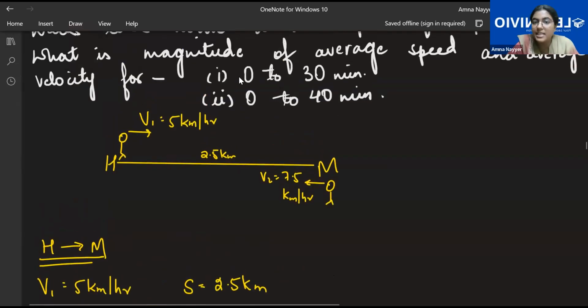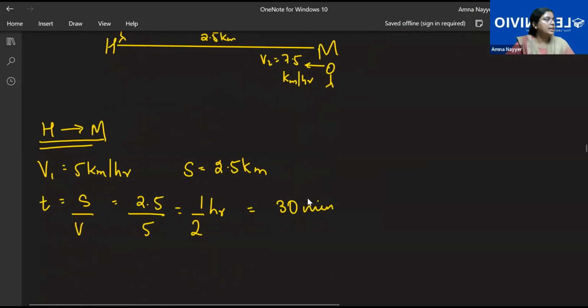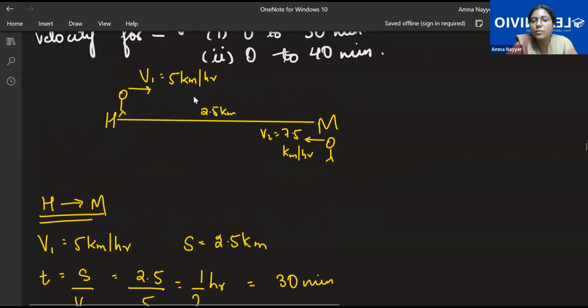So basically, what was the first part? Look, the first part said 0 to 30 minutes. Means till a time of 30 minutes, what is the distance covered? This is the same thing. It means the question is basically saying that when he reaches the market, find out the average speed and average velocity. Okay.